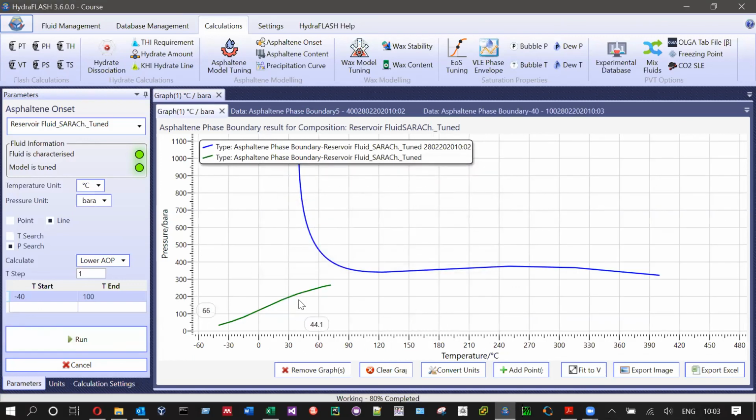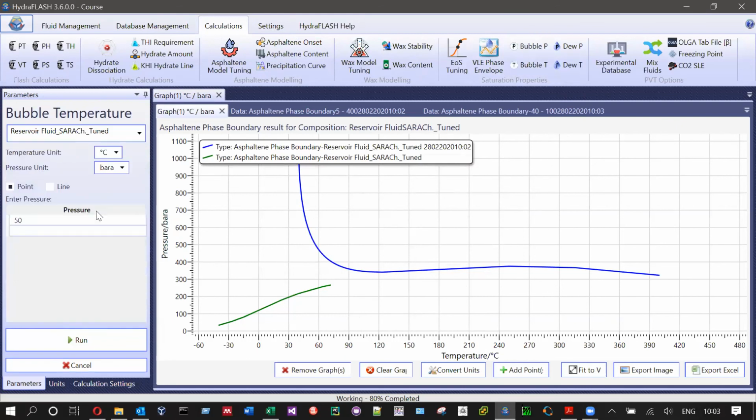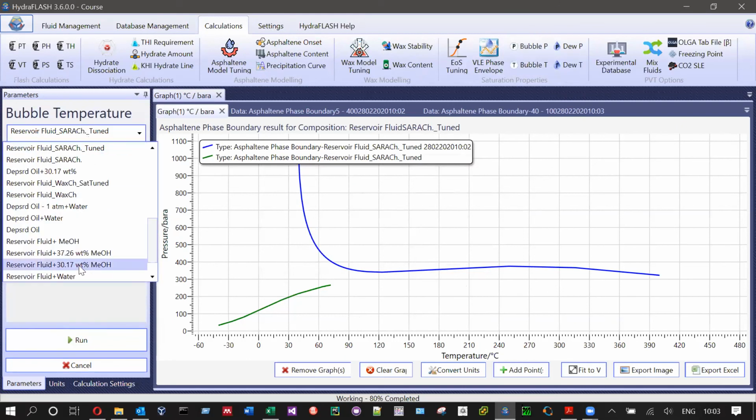Okay, so this is the upper phase boundary and this is the lower phase boundary. So I just need to calculate the bubble line of the system. I go to bubble temperature because I have tuned this with saturation properties.